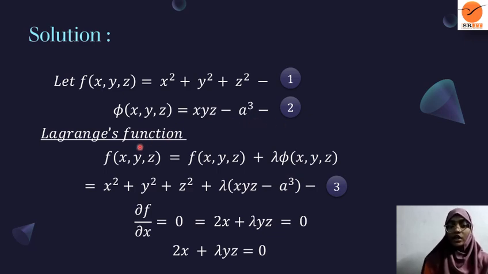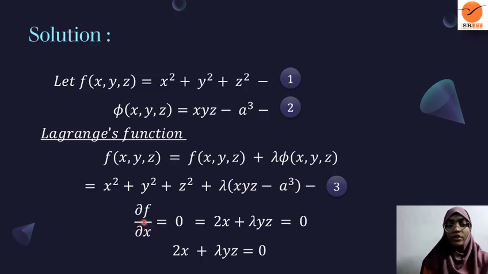From the Lagrange's function F equals f plus lambda phi, we substitute and get F equals x square plus y square plus z square plus lambda of xyz minus a cube, which is equation 3.